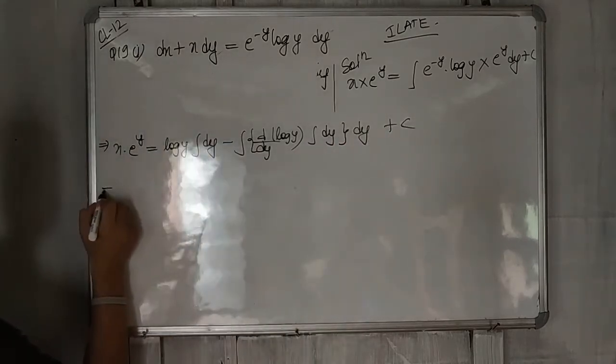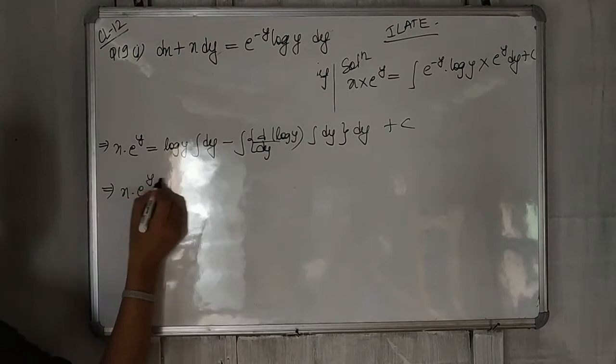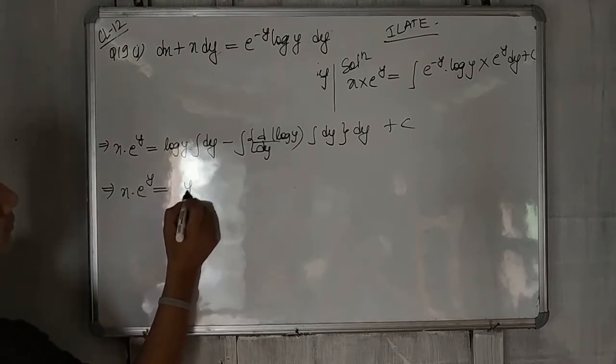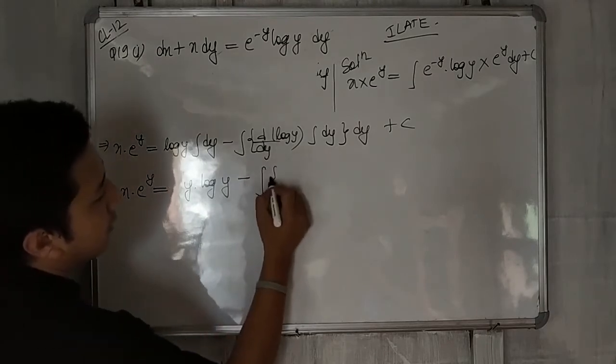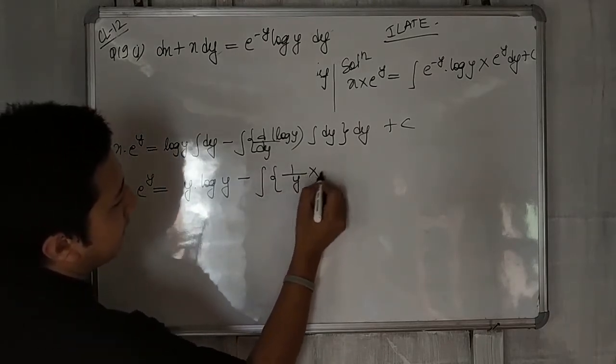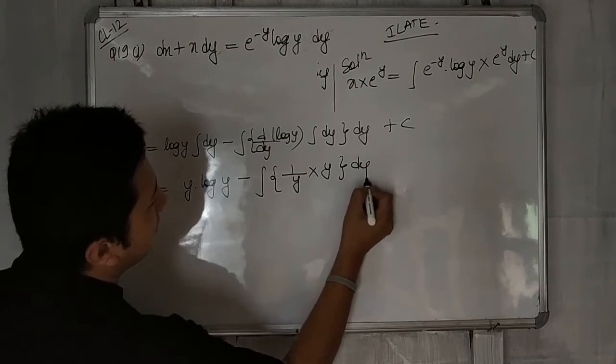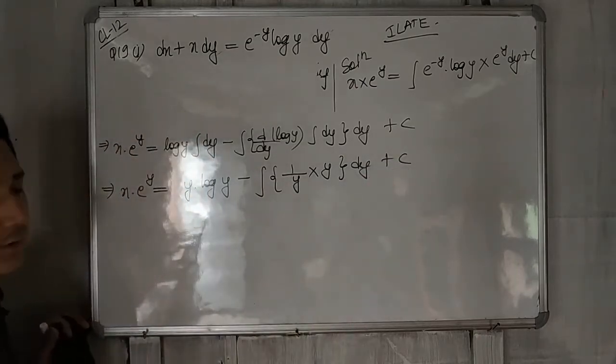I hope you're understanding this. I'm just using the formula. This becomes y into log y minus within the curly bracket 1 by y into y dy plus c. It's very easy, you just have to use the formula.